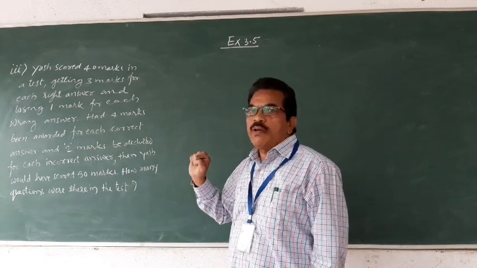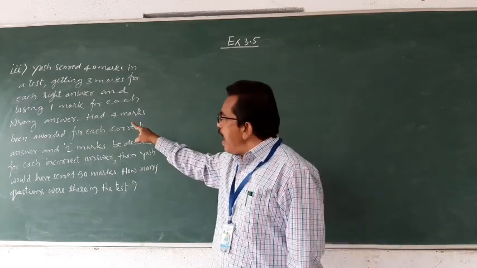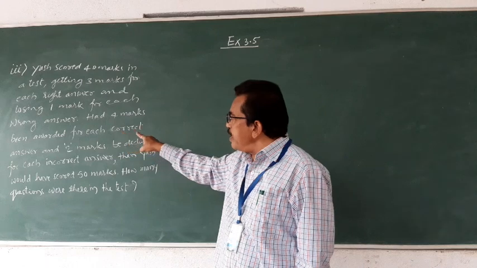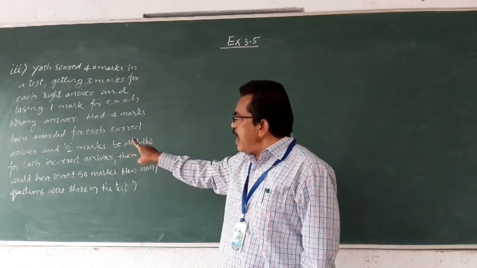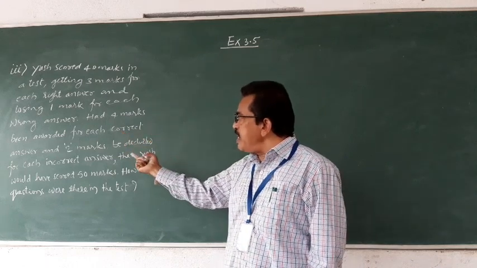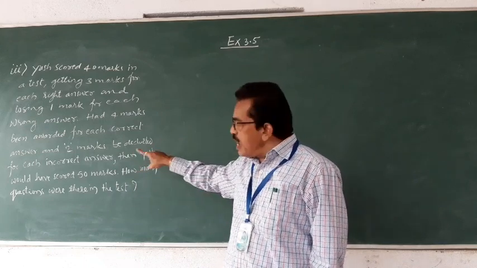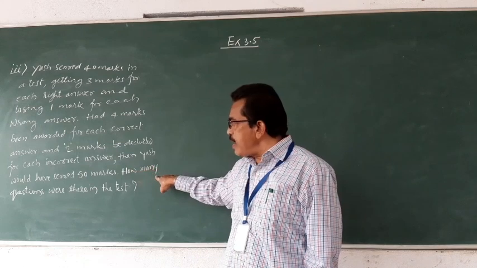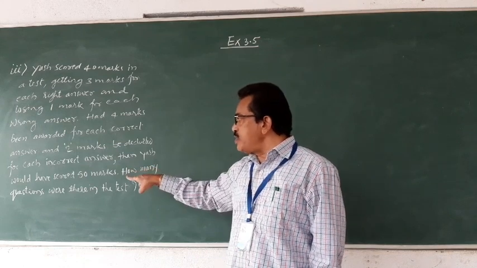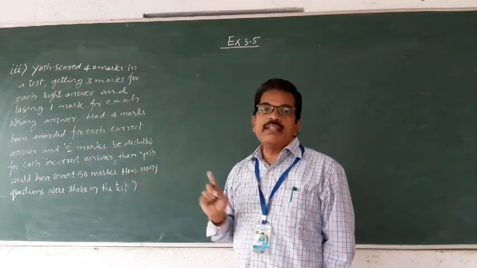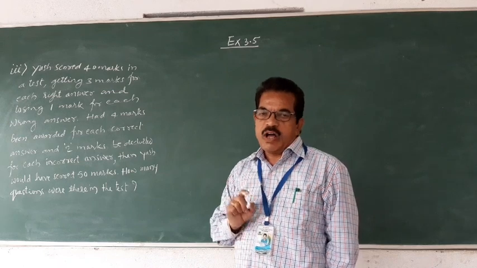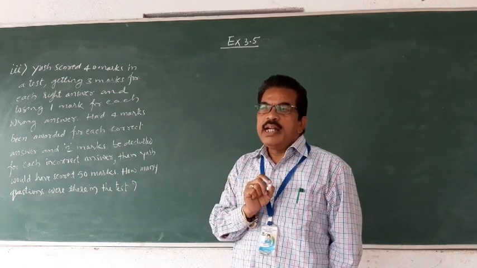Read the question attentively. Had 4 marks been awarded for each correct answer and 2 marks been deducted for each incorrect answer, then Yash would have scored 50 marks. How many questions were there in the test?